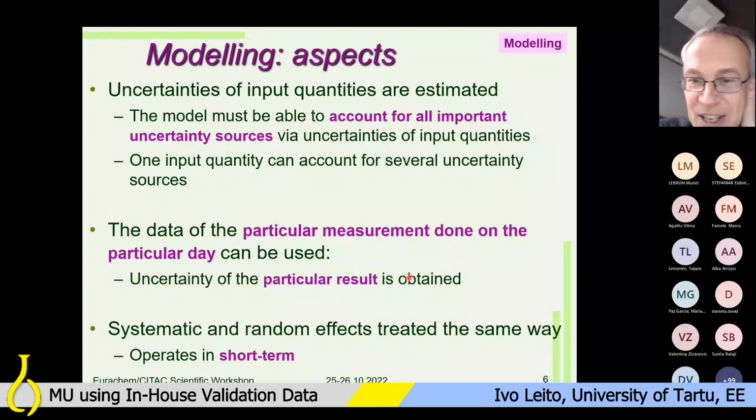Secondly, in this approach, you can put in data of the particular measurement that you did on a particular day. Meaning you can really get the uncertainty of that particular result. Because all such things as specifically the peak areas, repeatabilities, etc., all that you had on that day go into that calculation.